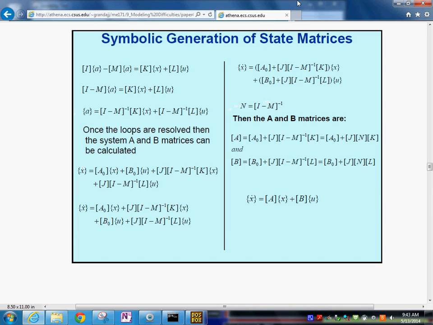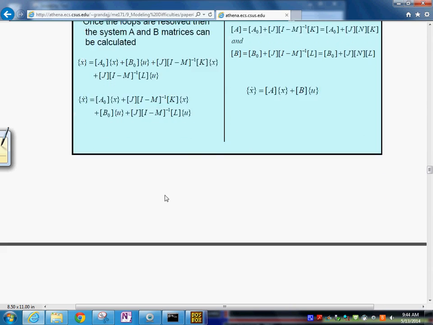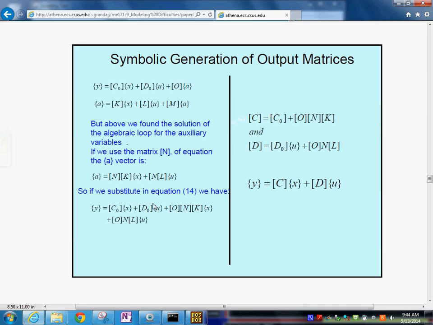Maybe I use my other pointer here to illustrate. The new A matrix is this part. The new B matrix is this. And then, of course, the A matrix can be calculated like this, and the B matrix like this. And then finally we get the new state model. But it takes a huge amount of matrices to be able to do this.